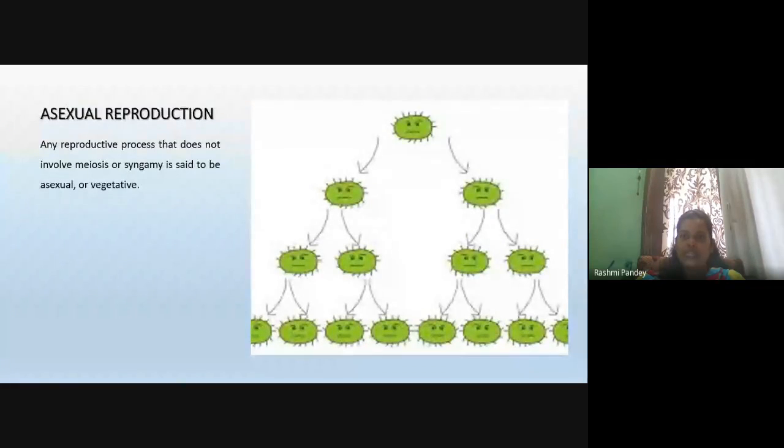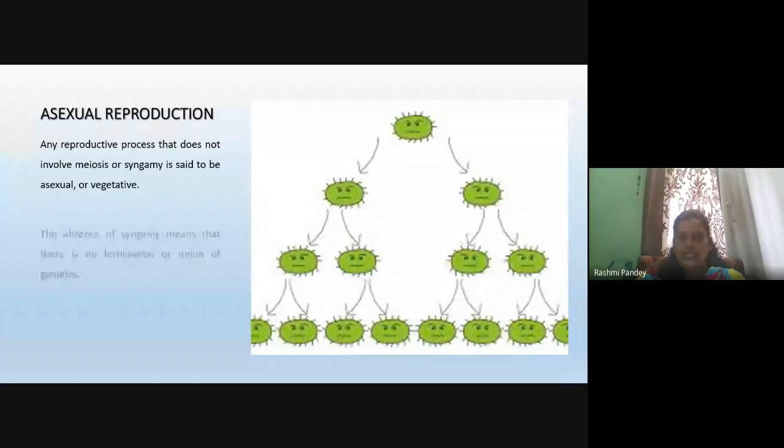In meiosis, one cell divides into 4 different cells with half the number of chromosomes. Here we can see one cell is dividing into only 2 cells and they look exactly the same as the first cell. So there is no meiosis occurring, and there is no syngamy as well. That kind of reproduction would be called asexual reproduction.